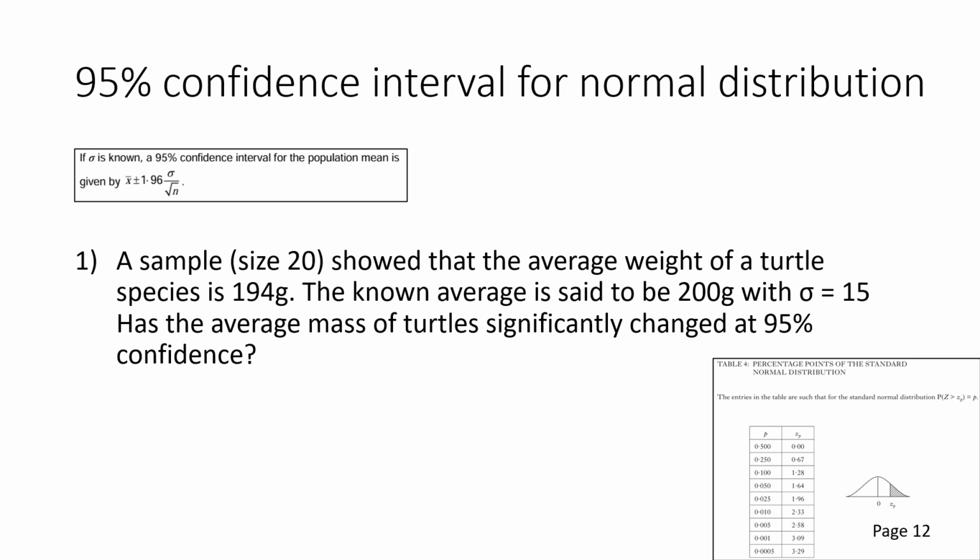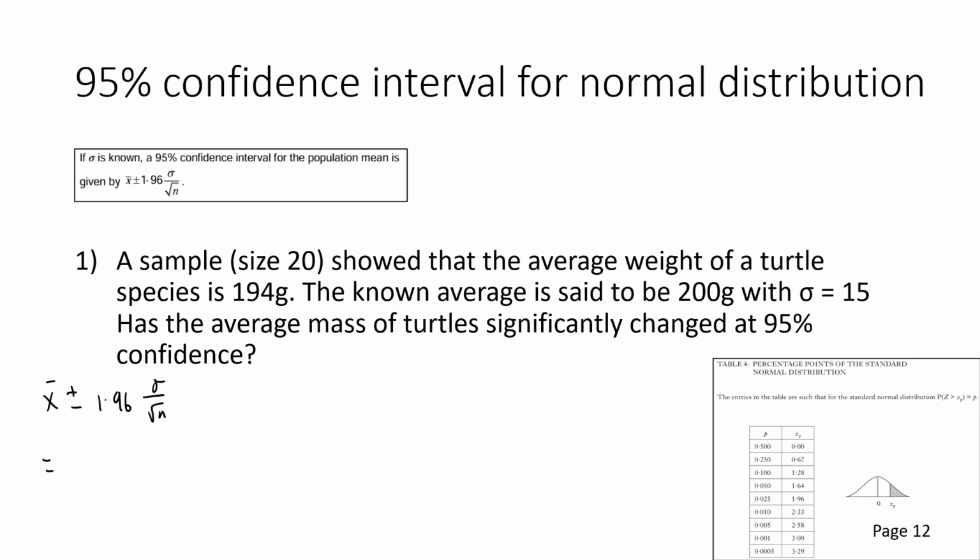The first thing we do here is we calculate a 95% confidence interval and we follow the formula up here. So x bar plus or minus 1.96 times sigma over root n.